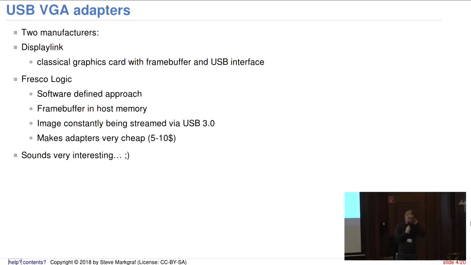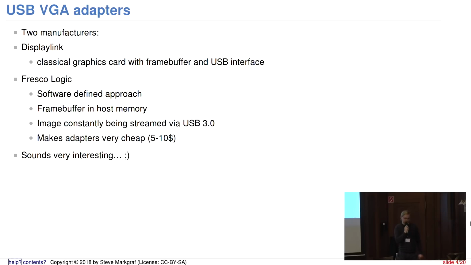So there are actually two USB to VGA and HDMI manufacturers. One is DisplayLink. They have the very classic approach, just a GPU with a USB interface. They have an external memory chip where they have all the frame buffer, and so there you do not have this issue.